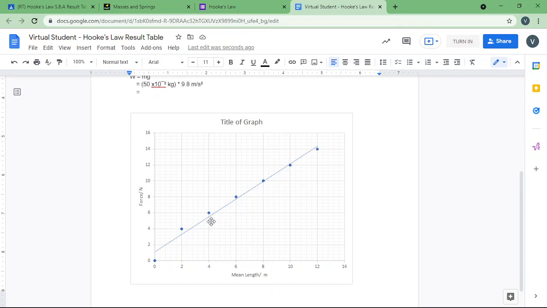That's what we call the line of best fit. It is best drawn with all its points very close to it.